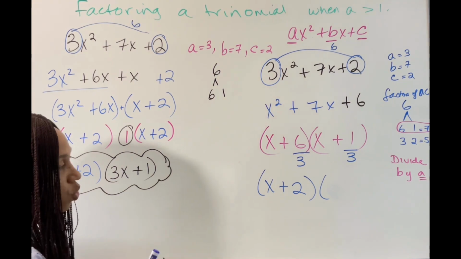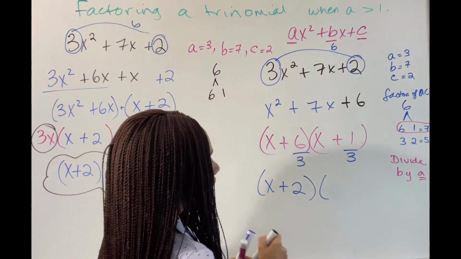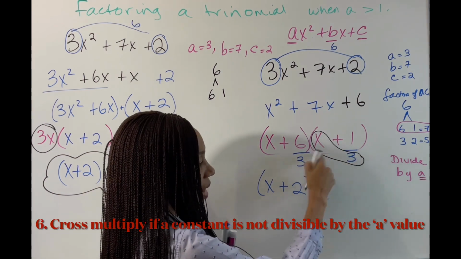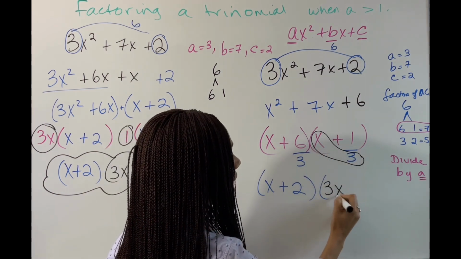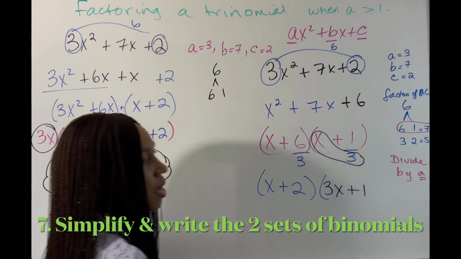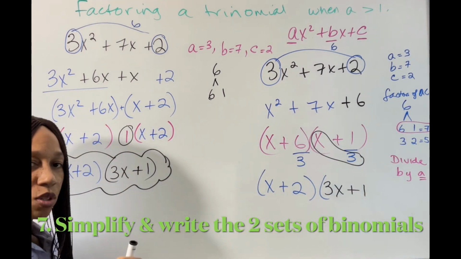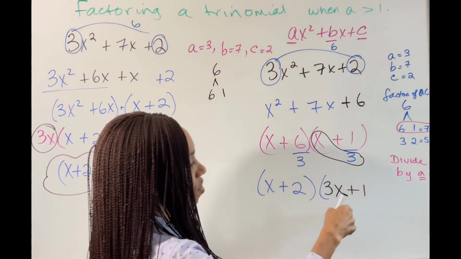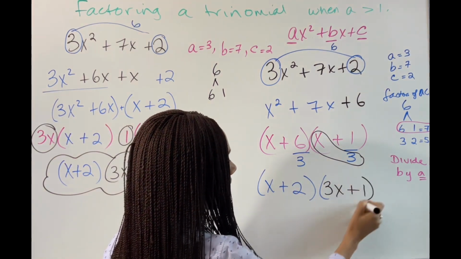So I am going to simply use my 3 here and multiply it with the x. So I'm going to write it as 3x plus 1. It's like multiplying out something. That's what you have to do. So I now have the 3x plus 1 here, and I have this.